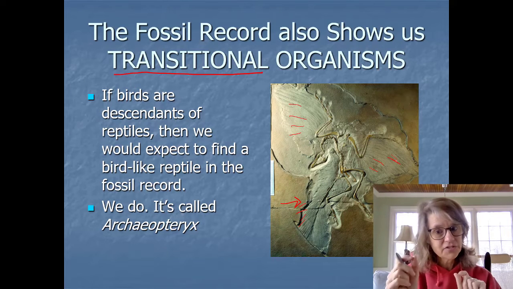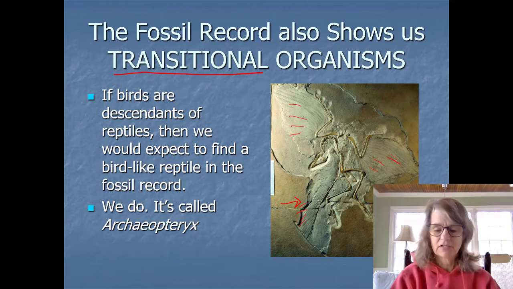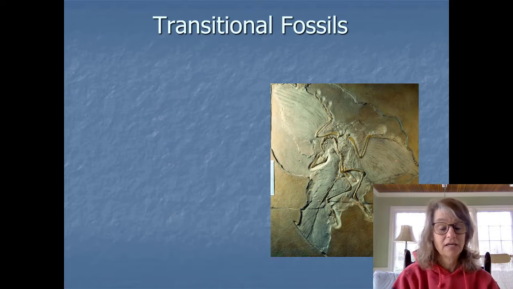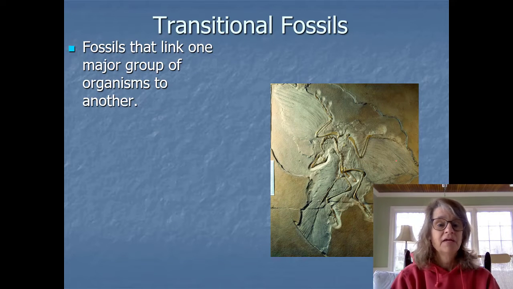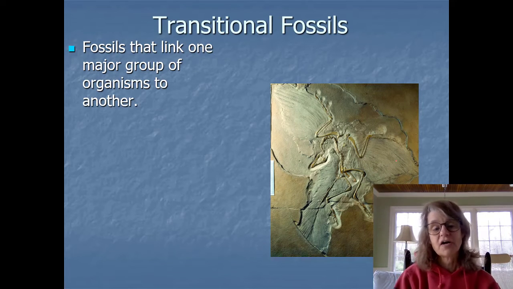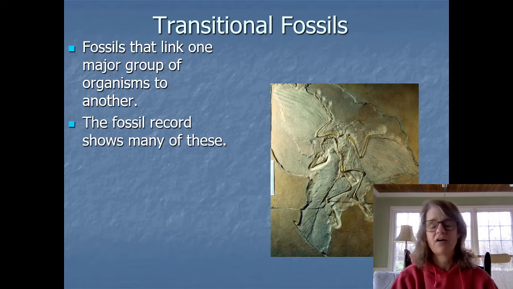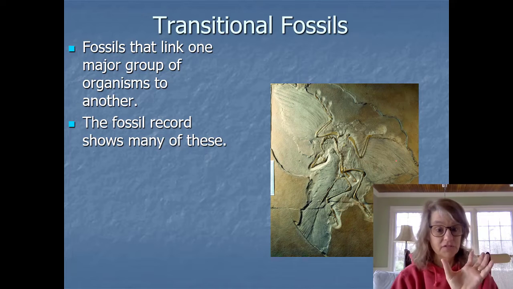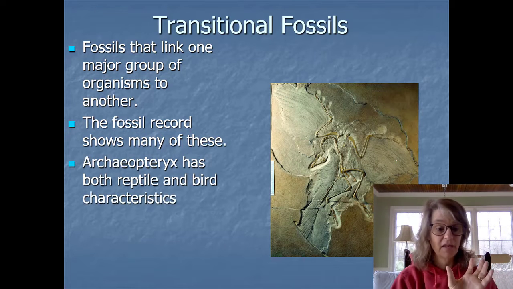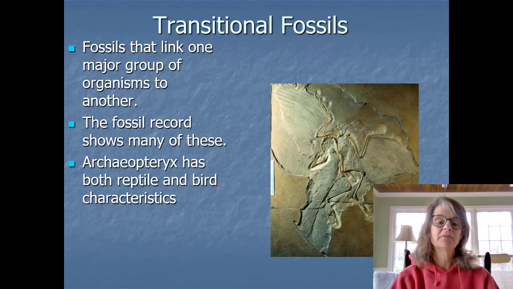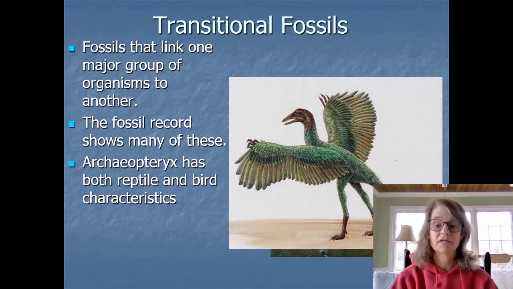Yet, it also has reptilian characteristics that you don't see in birds, okay? So a transitional fossil is a fossil that links one major group of organisms to another. And the fossil record is loaded up with these transitional fossils. We find lots of them for different groups of animals. As we were saying, Archaeopteryx has both reptile and bird characteristics.